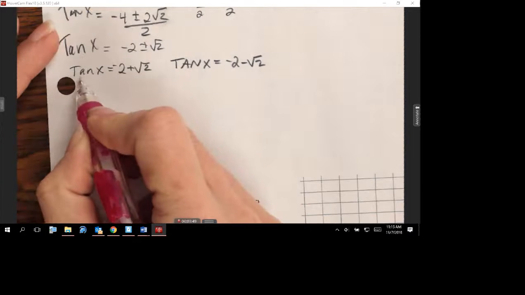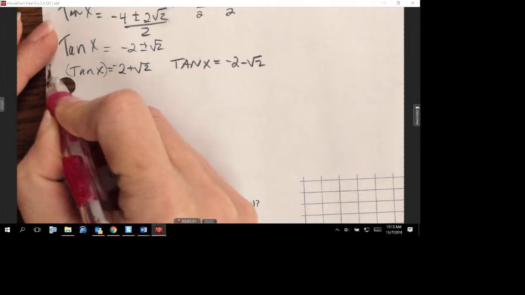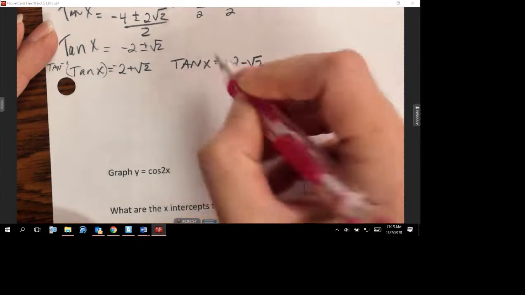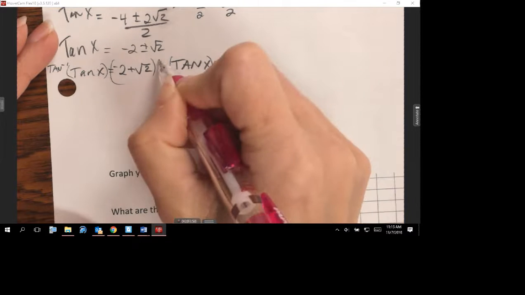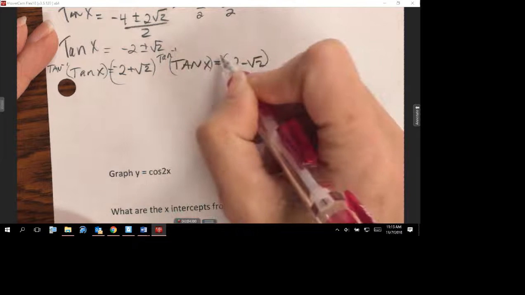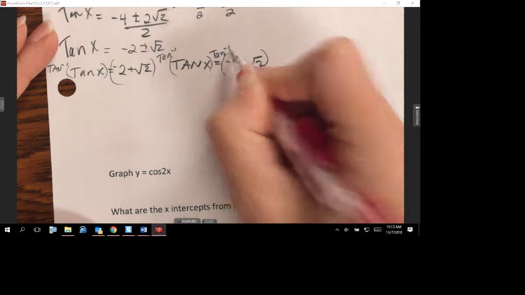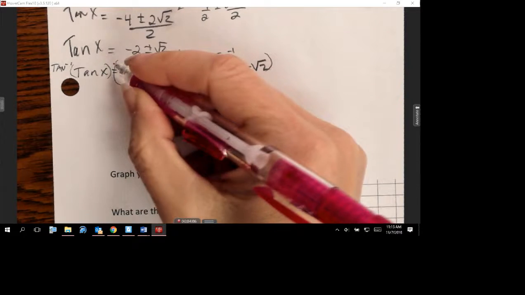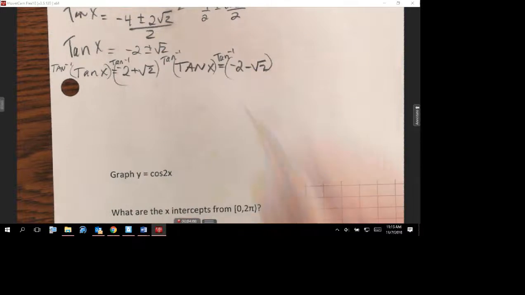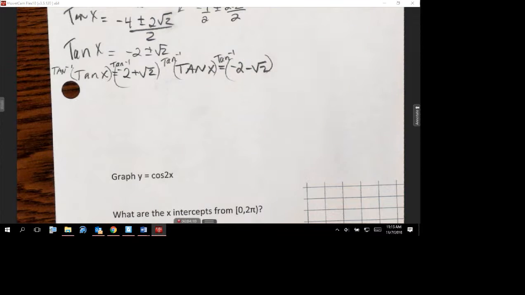So right here, we're going to do inverse tangent. That's the only way that you can cancel out tangent, by doing the inverse tangent. You have to do it to both sides of the equation. Remember we did that a long time ago?